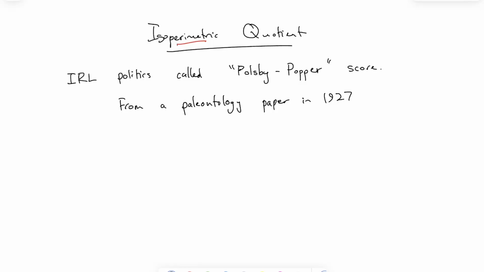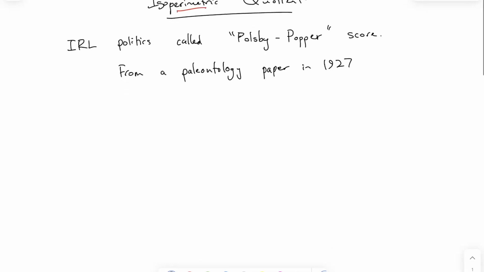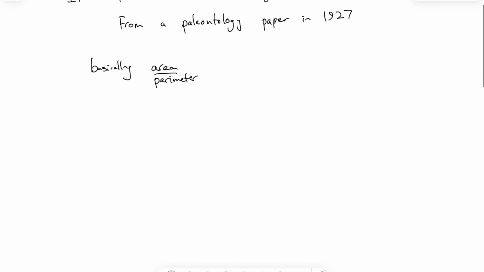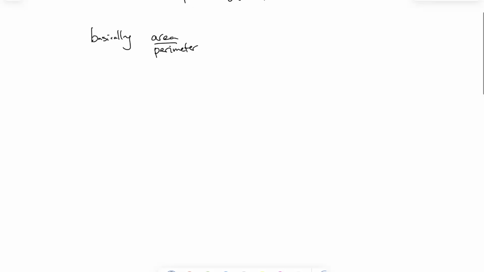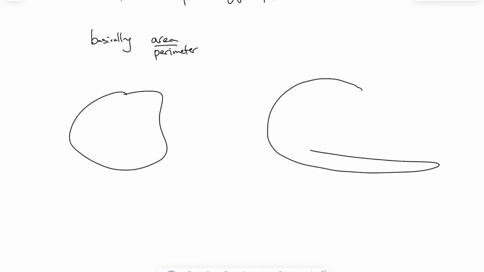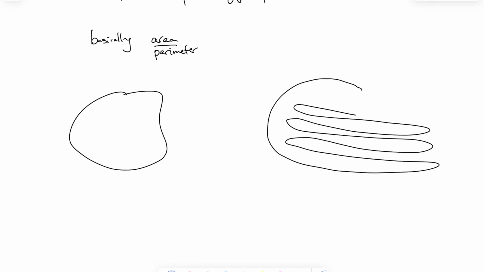Anyway, like I said last time, this is basically area divided by perimeter. This is what I said at the end last time. Although it's not exactly that, the basic idea is if I have one shape that's a fairly nice shape, but here is a shape of roughly the same area but a much bigger perimeter, right?